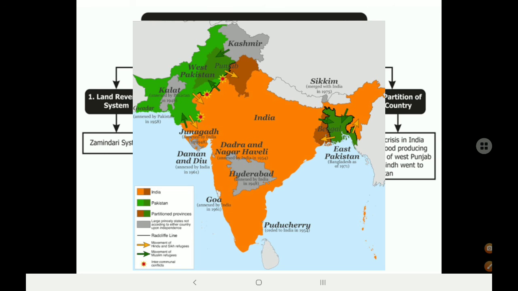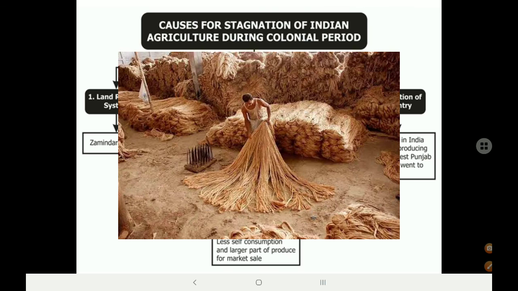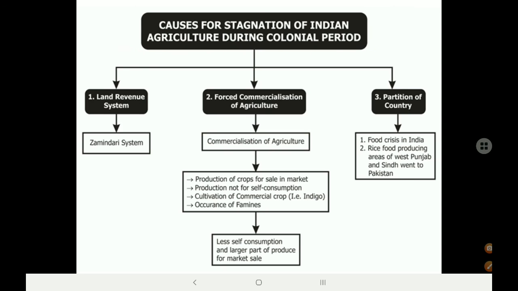Almost the whole of jute producing area became part of East Pakistan, which is now Bangladesh. So, India's jute goods industry, which had enjoyed a world monopoly so far, suffered heavily for lack of raw material.